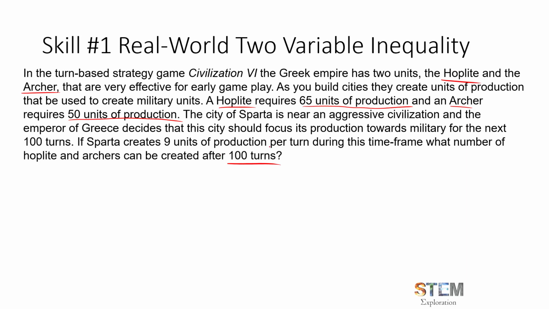So if we're looking at this, typically what we want to do is we're going to look at the cost of archers plus the cost of hoplites has to be equal to some total cost that they can be valued at.